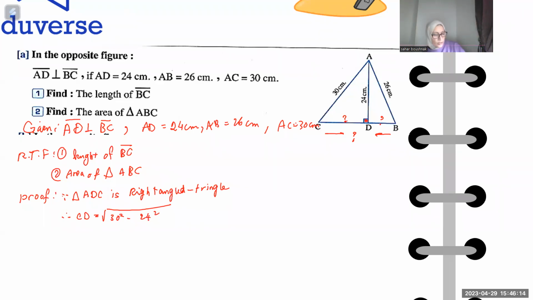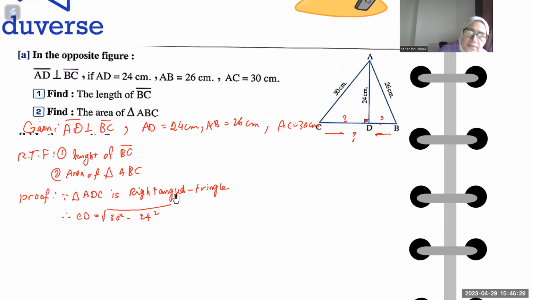Then we will use our calculator to find it. Root of 30 squared minus 24 squared, I will get 18. So the length here is 18 centimeters.